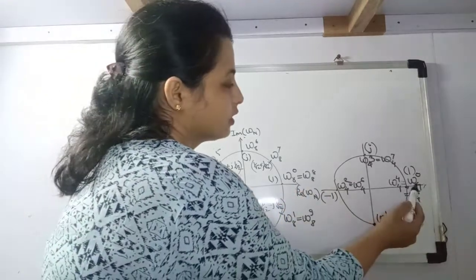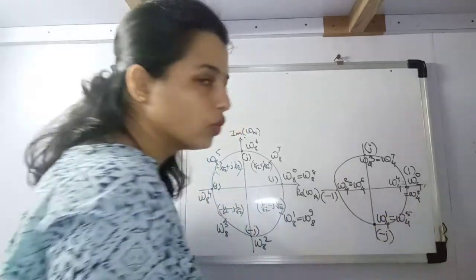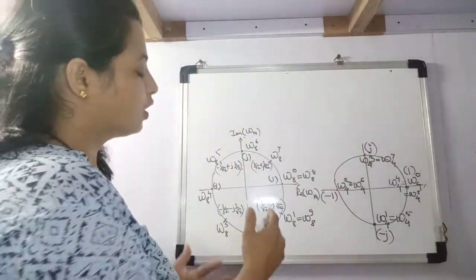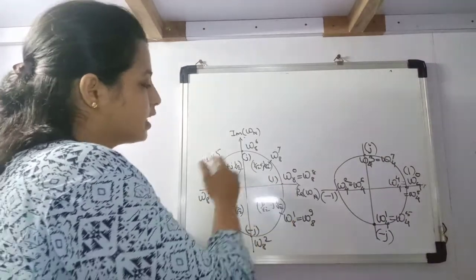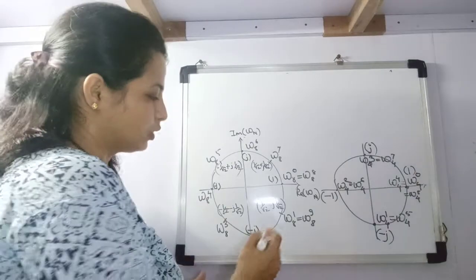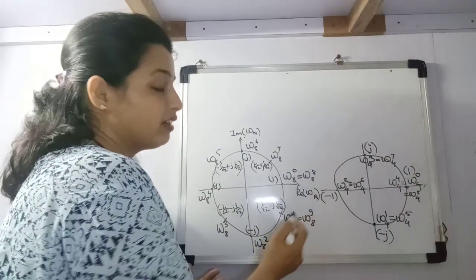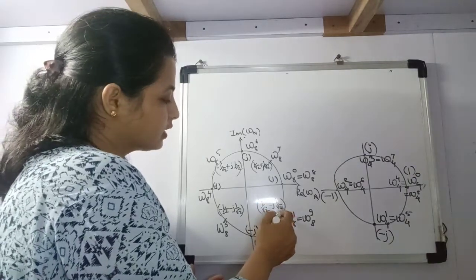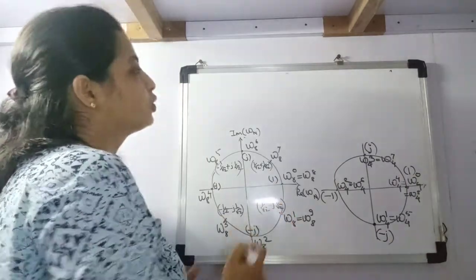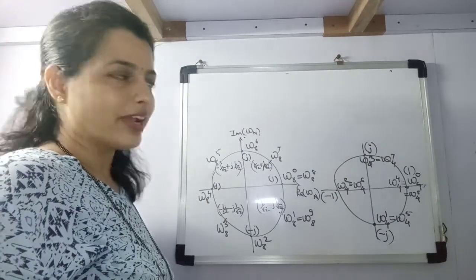Here also we can observe the same thing: omega 4 0 is equal to omega 4 4. So if you traverse the full number of points on the circle, you are going to get the same value. Omega 8 1 plus 8 is equal to omega 8 9. So you are getting the same value at this point. This property is called the periodicity property of the Twiddle factor.